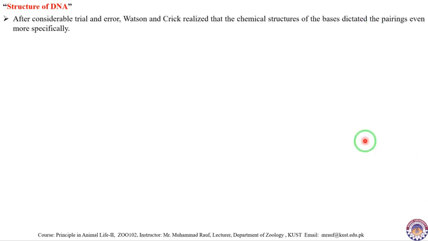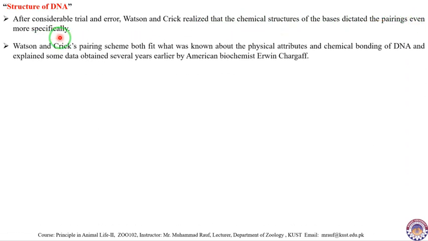After considerable trial and error, Watson and Crick realized that the chemical structure of the bases dictated the pairs even more specifically. Watson and Crick's pairing scheme fit what was known about the physical attribute and chemical bonding of DNA and explained some data obtained several years earlier by American biochemist Erwin Chargaff.